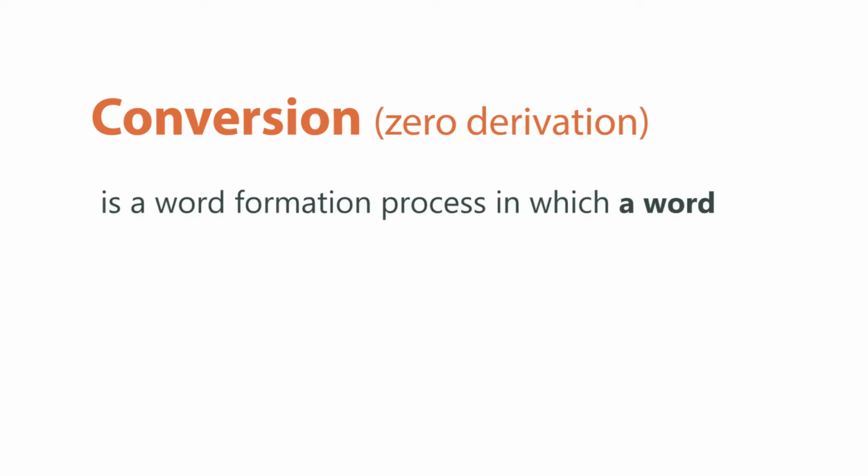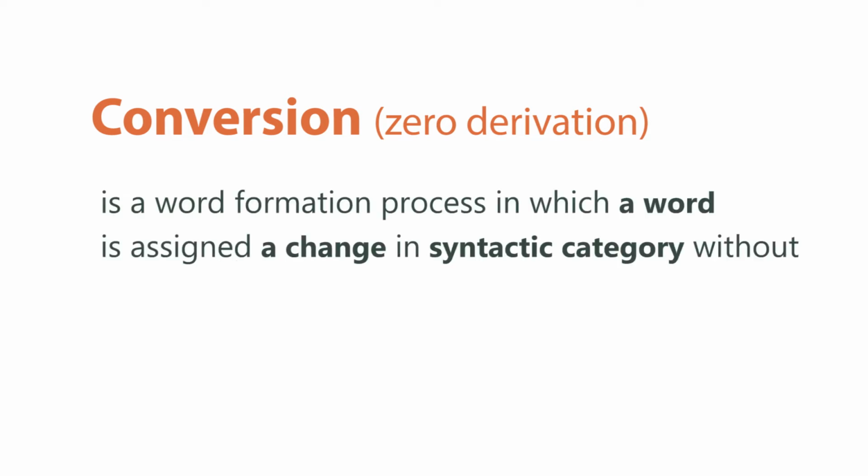Conversion is probably the easiest ever of all word formation processes, because conversion, also referred to as zero derivation, is a word formation process in which a word is assigned a change in syntactic category without any change in form.